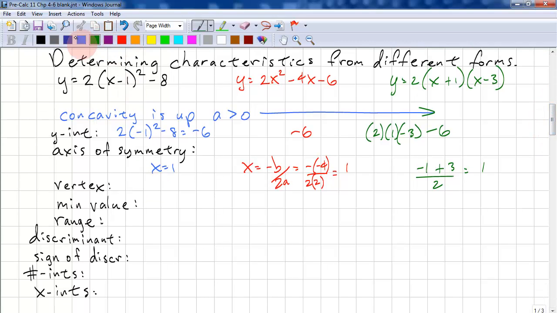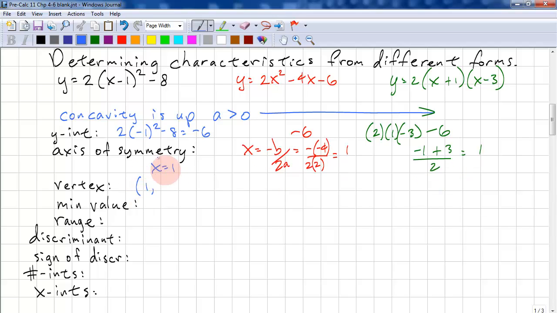Vertex. We can now compute the vertex. We plug in 1 into here, so that's 2 times 0 minus 8. That's (1, -8). Here we plug in 1 to here, we get 2 minus 4 minus 6.